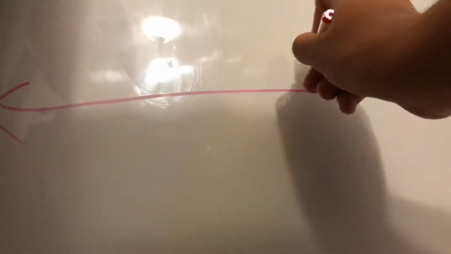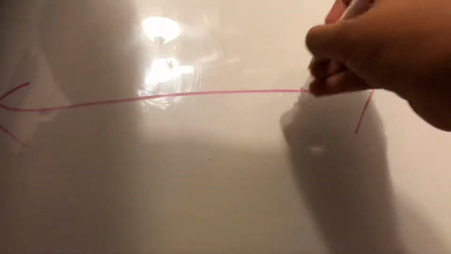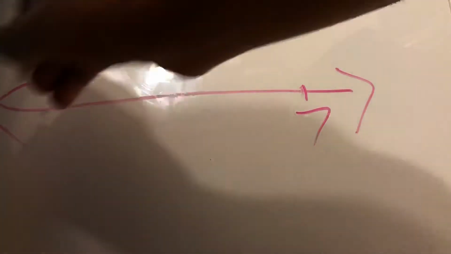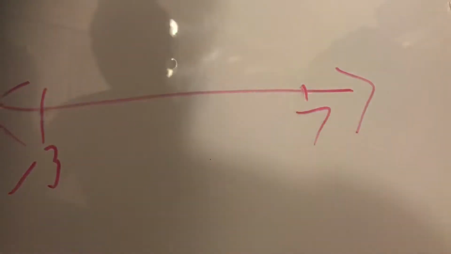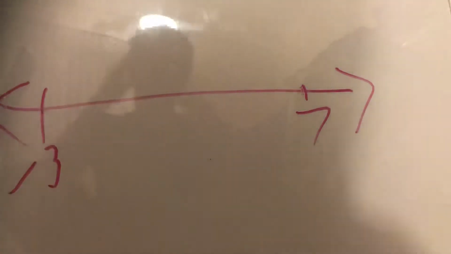We're gonna draw a line on the x-axis, and also we're gonna put 7 here. We're gonna say 7 and -3 because there are two answers for our equation.